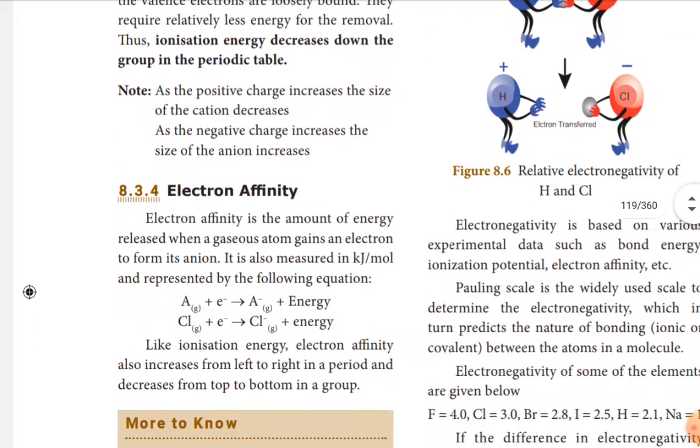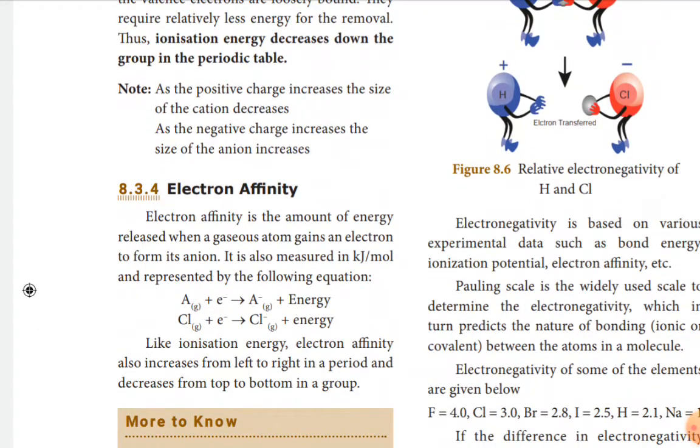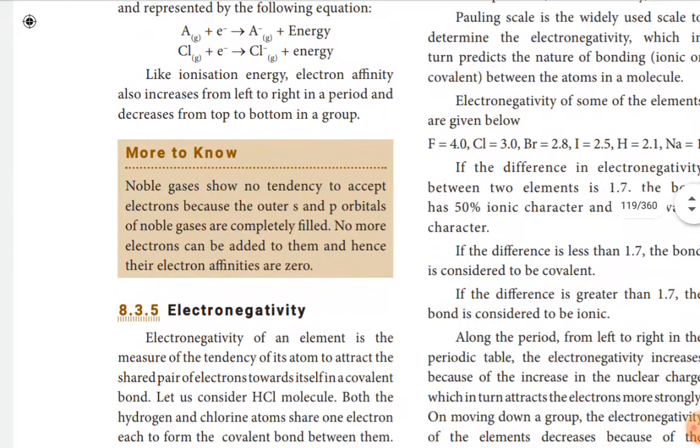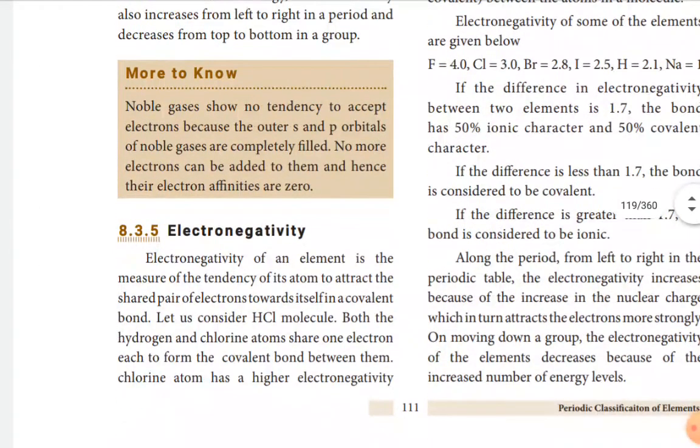That is the amount of energy released when a gaseous atom gains an electron to form an ion. Then electronegativity: it is the tendency of an atom to attract the shared pair of electrons.